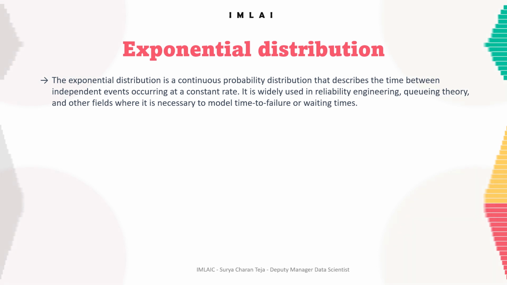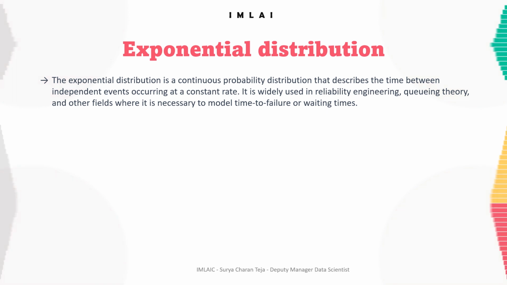So that's your exponential distribution. There is a clear-cut difference between the exponential distribution and the Poisson distribution. One looks into the number of events that are happening in a particular interval. The other describes the time between independent events occurring at a constant rate.